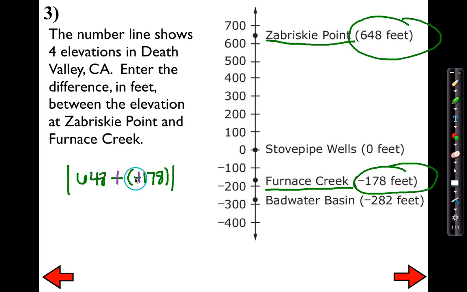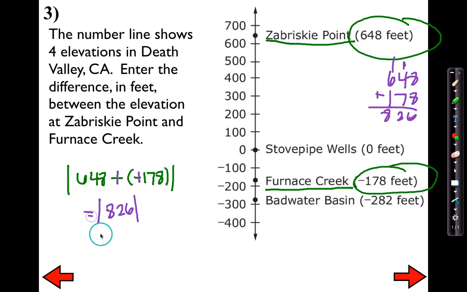So 648 plus a positive 178 is going to give us the absolute value of, let me do some side work, 648 plus 178 is 826. But what's the absolute value of a positive 826? It is just 826.